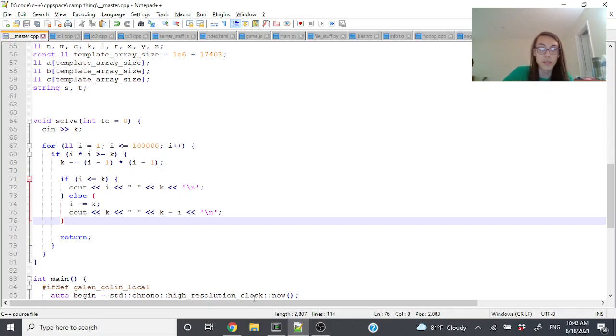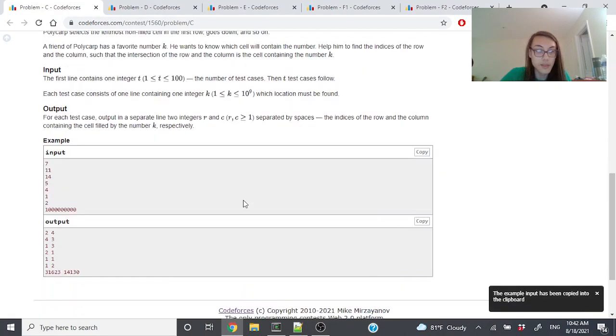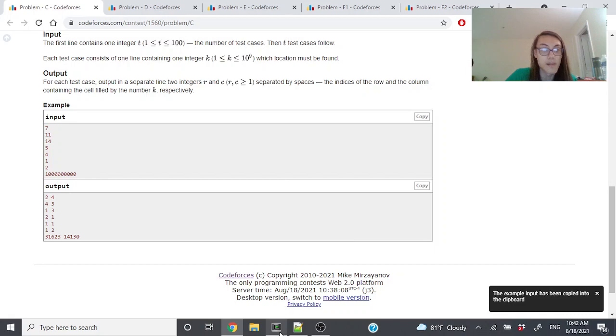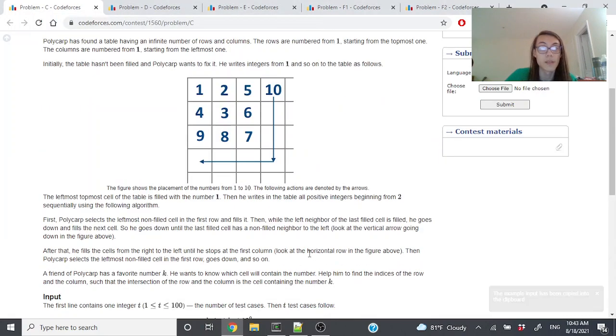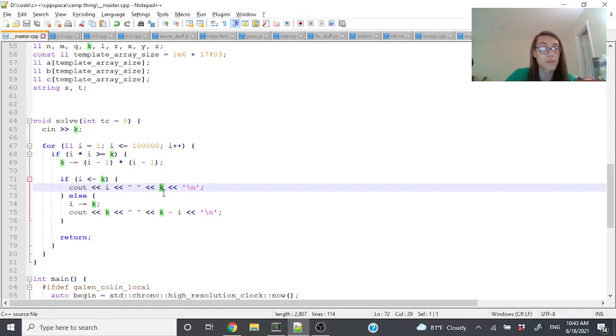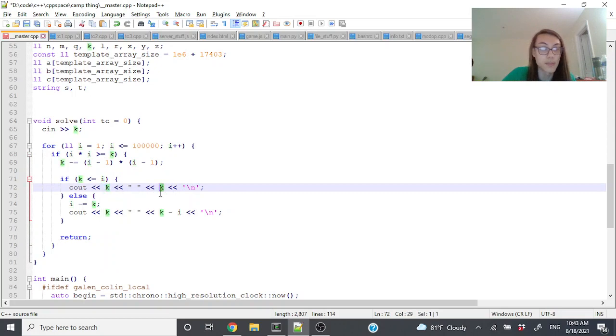The way I'm getting these numbers is just doing small examples in your head. This could actually be wrong too, I'm not entirely sure. A little bit, yeah. So 11. Oh wait, I got this all wrong. Okay, I got this totally wrong. K is the number.